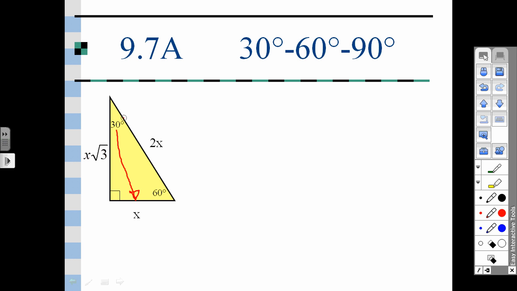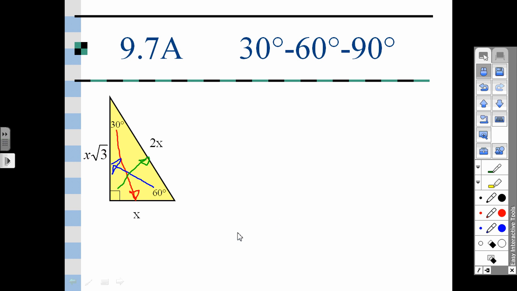So when you look at this, the 30 degree angle is the smallest, so this side over here should be the smallest of all three sides. And likewise, the middle angle, which is 60 degrees, should be opposite the middle length side. And it's very clear that the hypotenuse is opposite the right angle, and it's the largest side because the right angle is the largest angle.